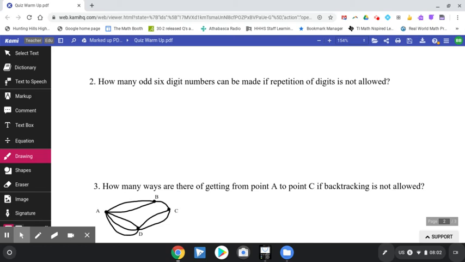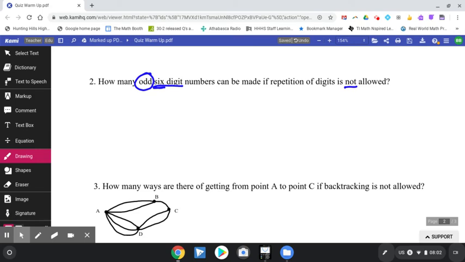So number 2, how many odd 6-digit numbers can be made if repetition of digits is not allowed? Okay, so let's read again. How many odd? That's a restriction right there. That tells us the last digit must be odd. And we're also only doing 6-digit numbers.